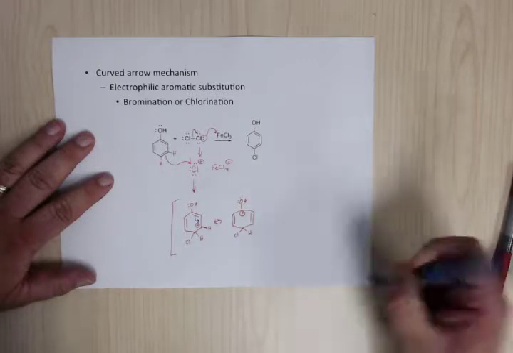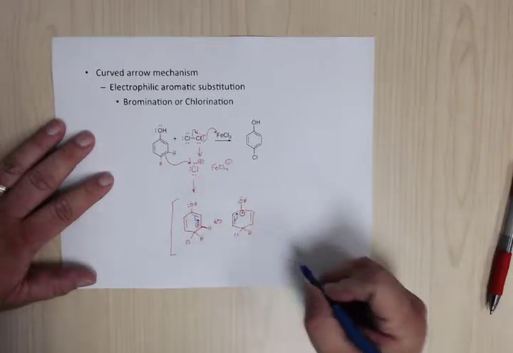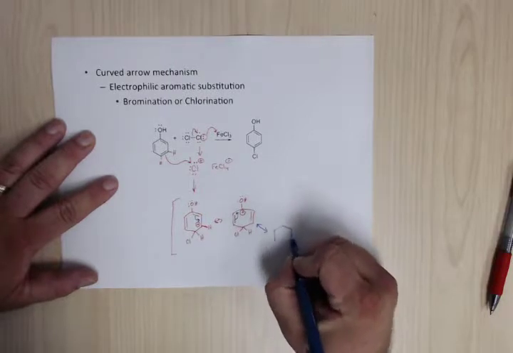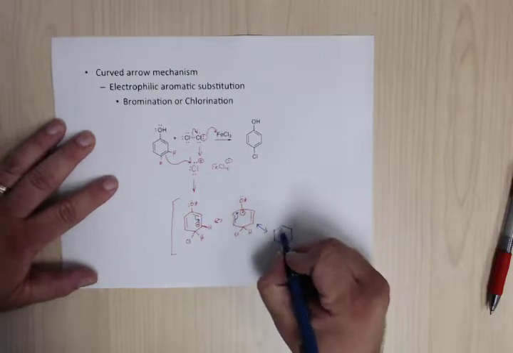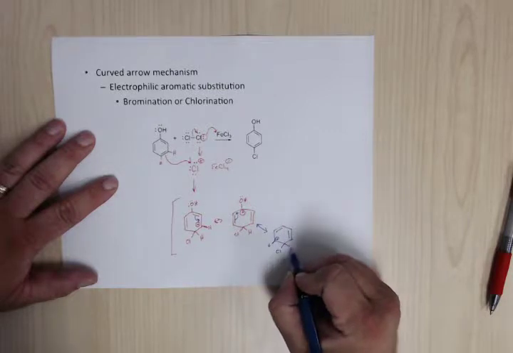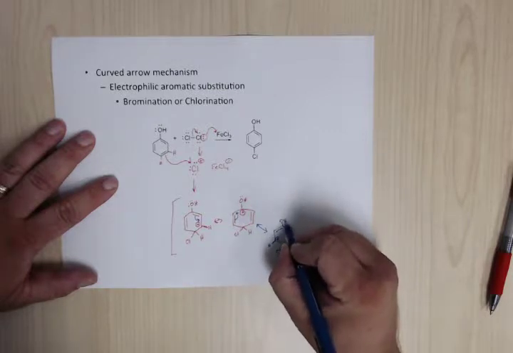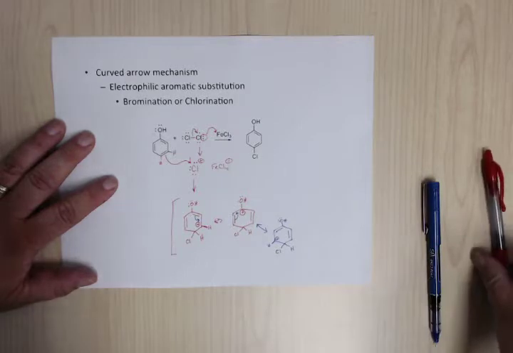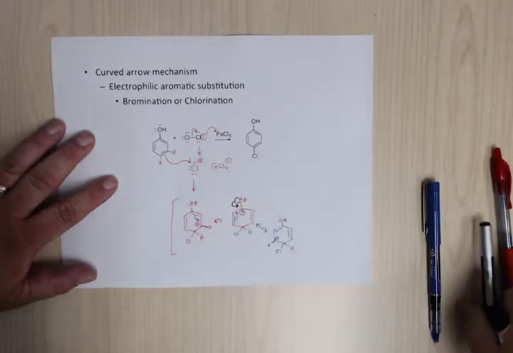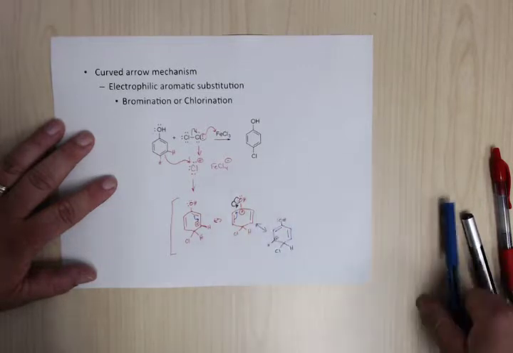We could move that up there to get this, and so there's an H here, which puts the plus charge there. The other option would be to set this pair of lone pairs down to help out.